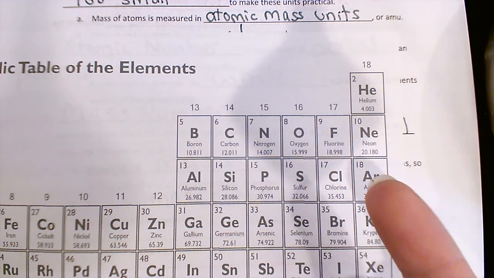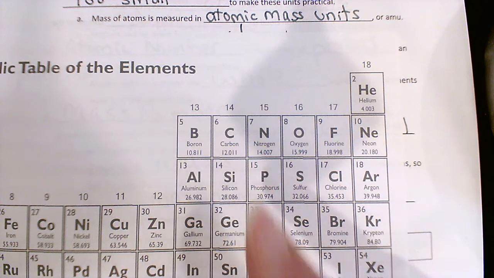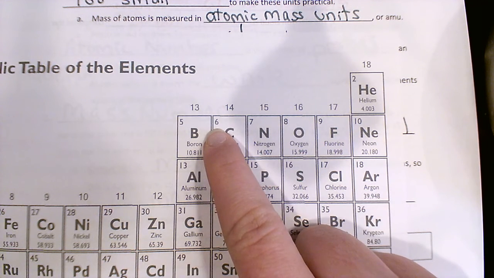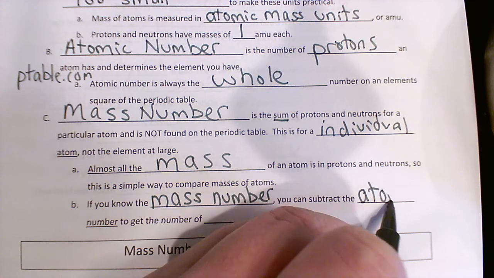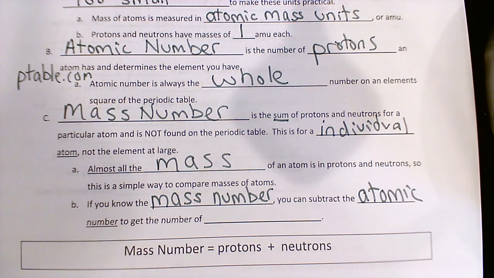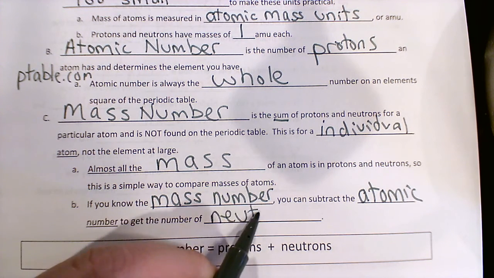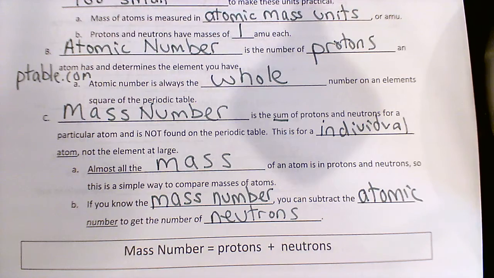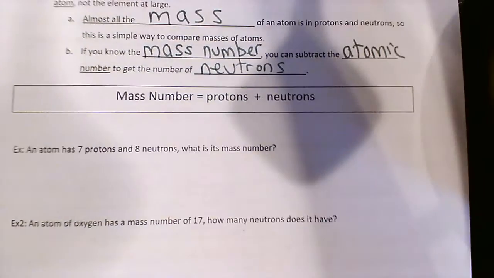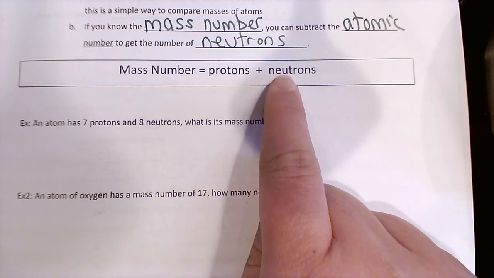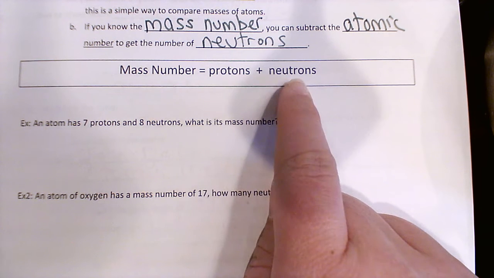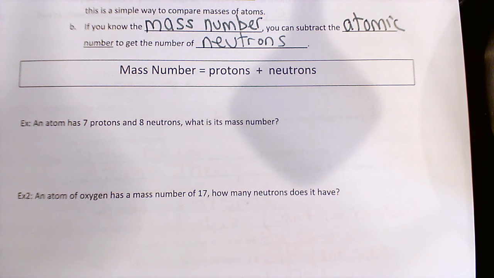If protons and neutrons together add up to 13, and 6 of them are from carbon, I must have 7 neutrons. So we can subtract the atomic number, which is the number of protons, to get the number of neutrons. But you can think about it like this, as an equation: the mass number is the sum of, or you add together, protons and neutrons.